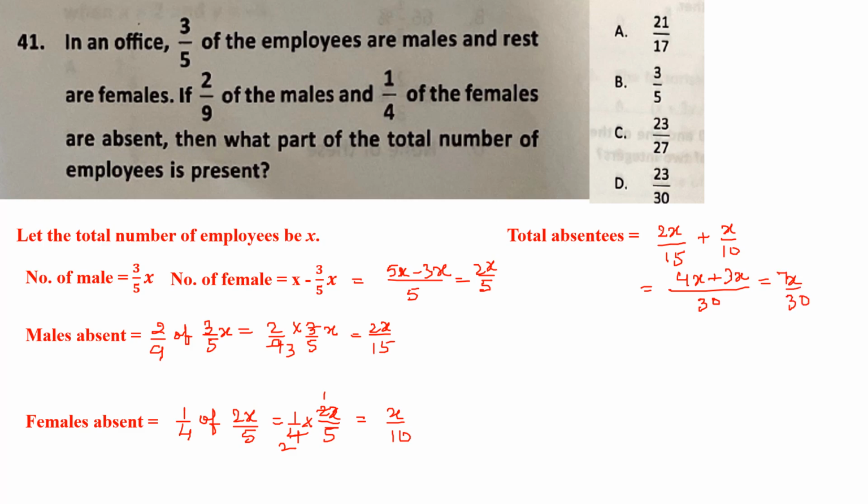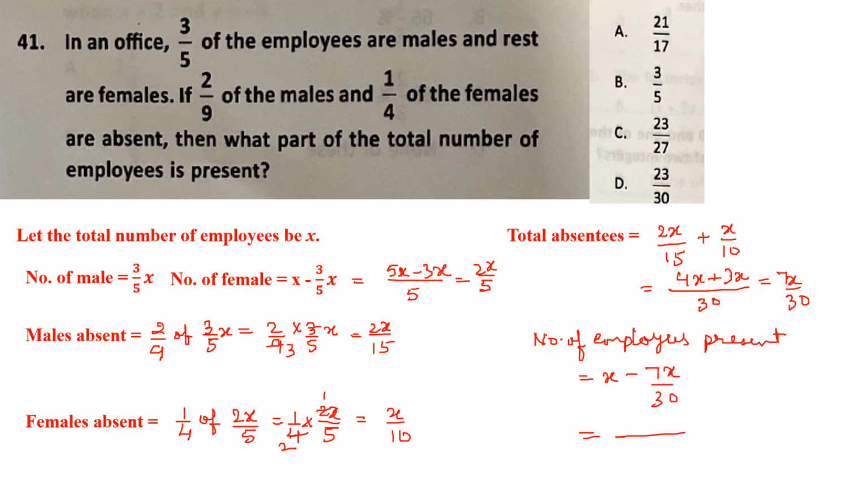So the total absentees are 7X by 30. It means that from the total employees, which is X, 7X by 30 employees are absent. So the number of employees present will be X minus 7X by 30.